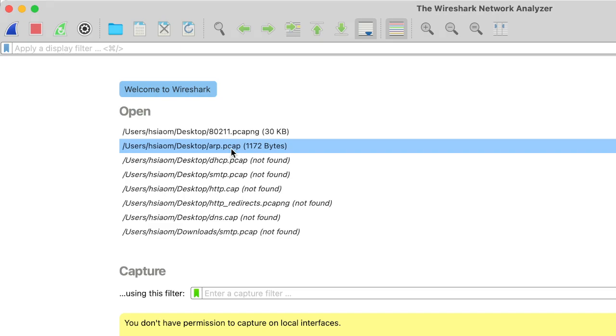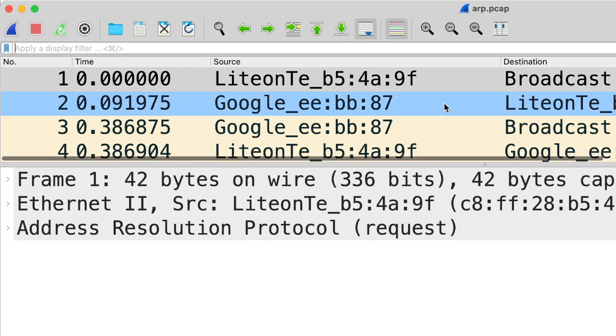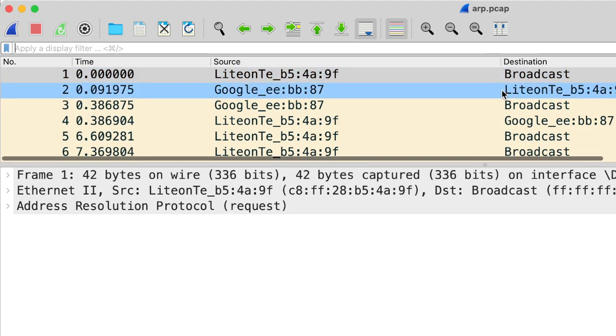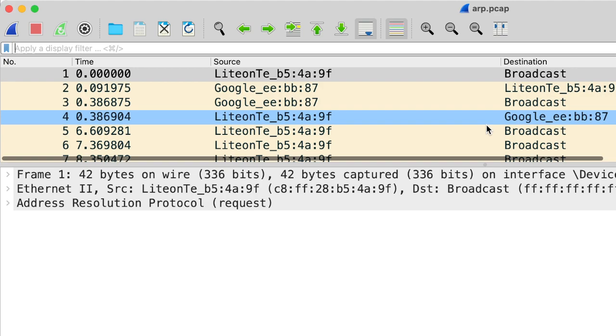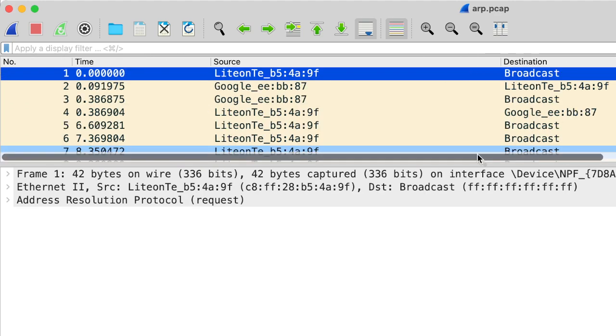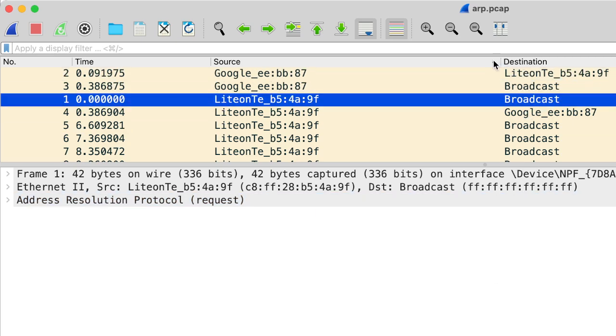One is the ARP packet. We talked about ARP last chapter, right? So I'd like to show you something about this ARP packet. I believe I captured this ARP packet last year.